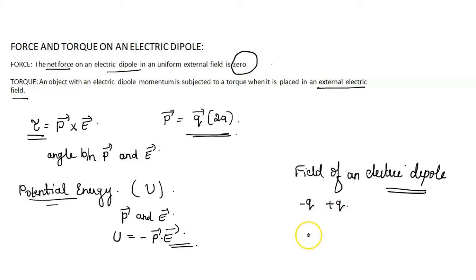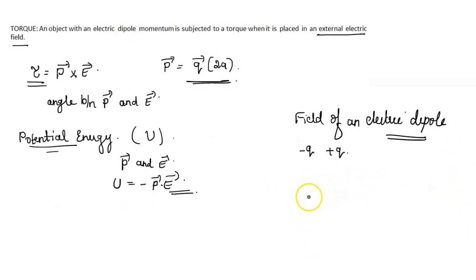The field at any point in space can be found from Coulomb's law and the superposition principle. We already know what Coulomb's law and the superposition principle are. So the results are simple for the following two cases.